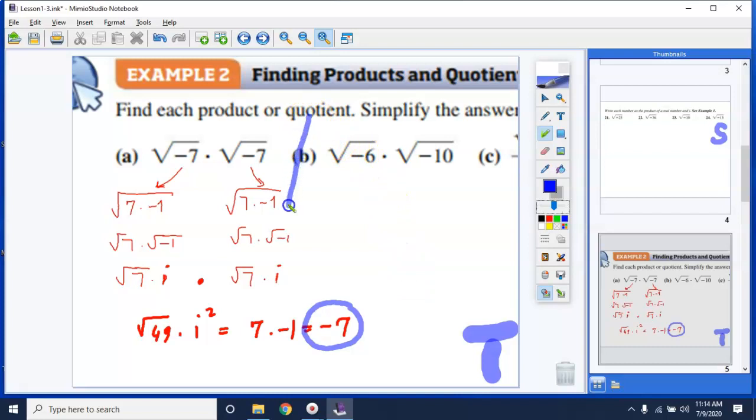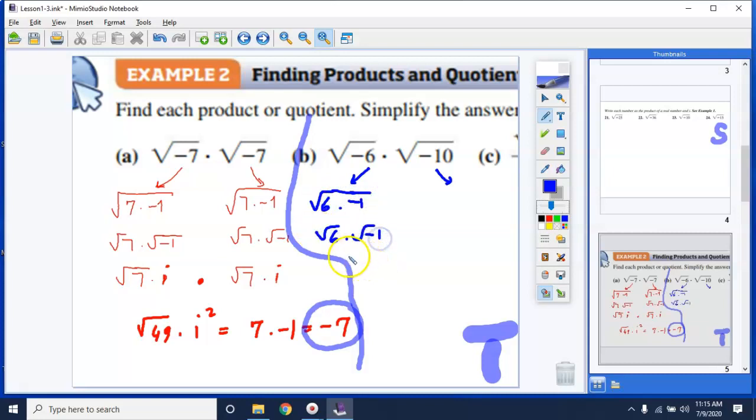Alright, I'm going to do the same thing on B as well. Let me change my color. Let's do this, and then I'm going to multiply them. This one should be the square root of 6 times -1, square root of 6 times square root of -1, square root of 6 times i. Same thing over here, 10 times -1, and separate them.